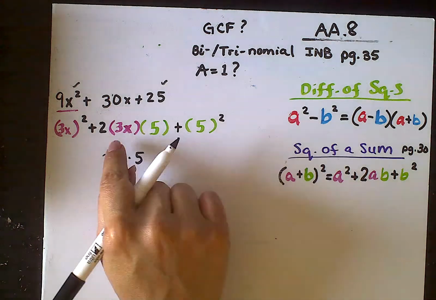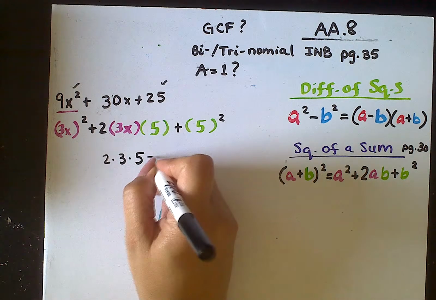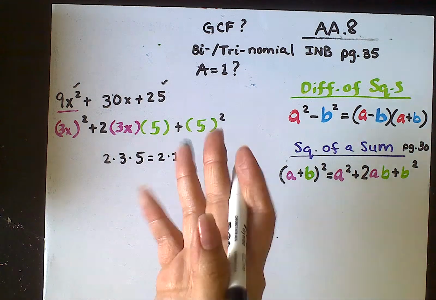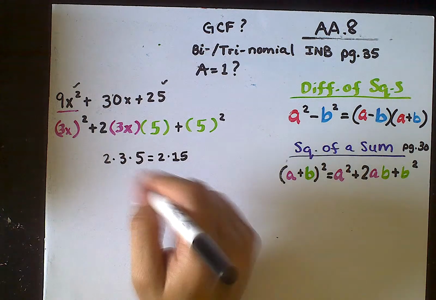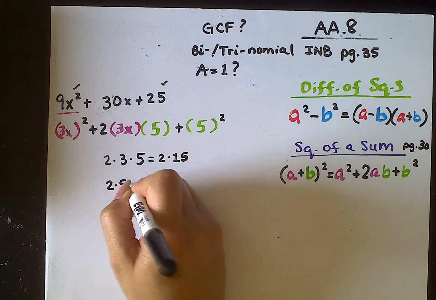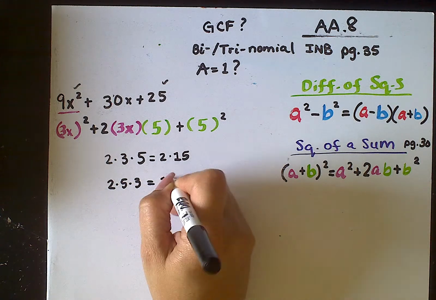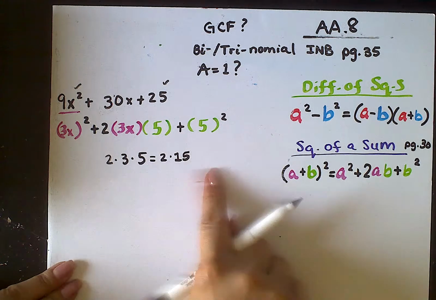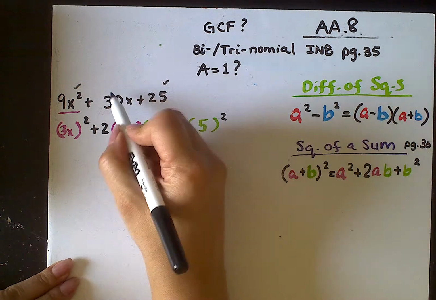So here you can either say that that's equal to 2 times 15, which using your bank ledger, you know is $30. Or you could rearrange it and say 2 times 5 times 3, which is the same as 10 times 3, which is 30. Nonetheless, yes, it all checks.